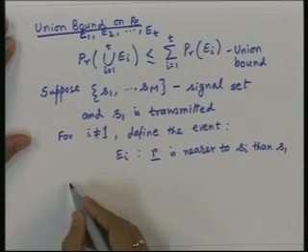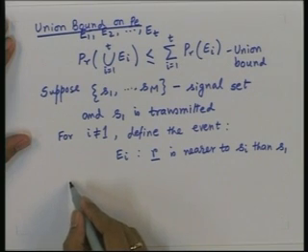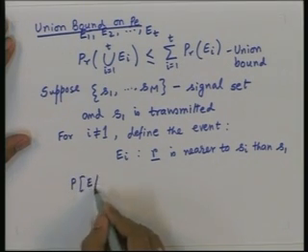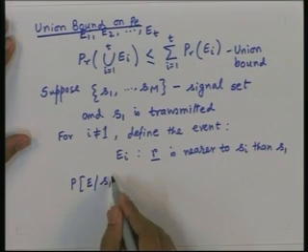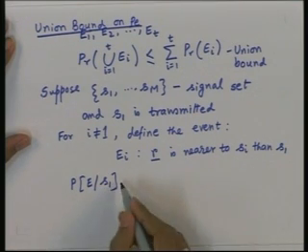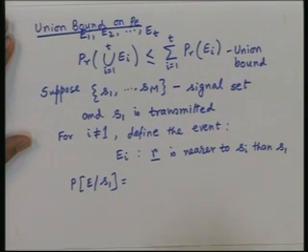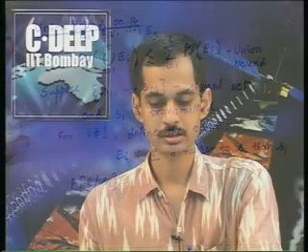Now, what is the probability of error given that S1 is transmitted? We know that if S1 is transmitted, there will be an error in detection if we detect something other than S1. So, that means that one of the other signal points is nearer to the received vector than S1.